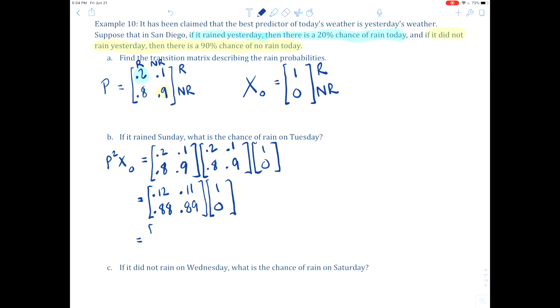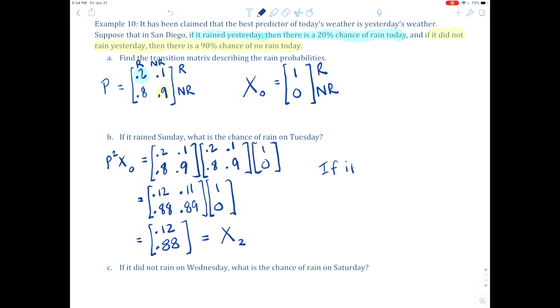So this is going to end up being equal to 0.12 plus 0 is 0.12, and then 0.88 plus 0 is 0.88. Cool, cool? And that's equal to, good, x2.